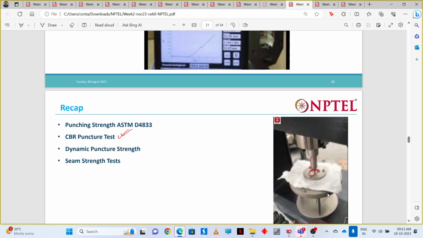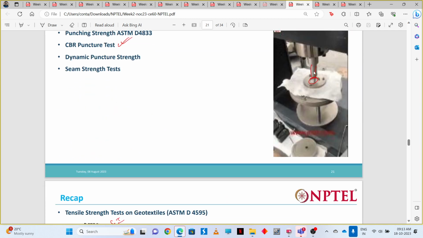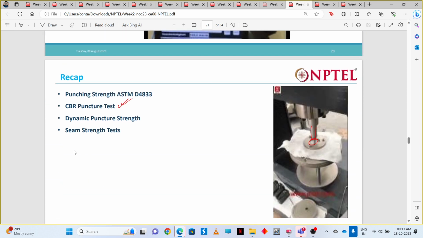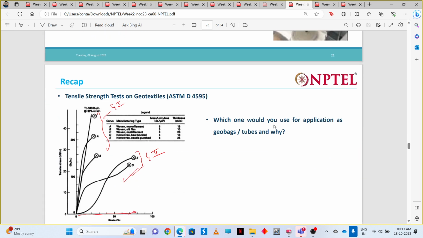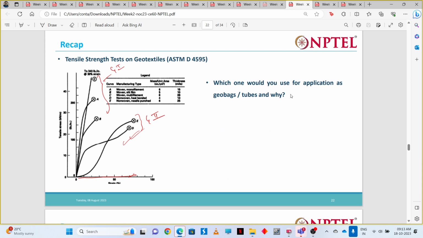Then we have the punching strength test. All these videos we saw, in detail, how these tests are to be done. CBR puncture test, dynamic puncture test, seam strength test, all these tests.